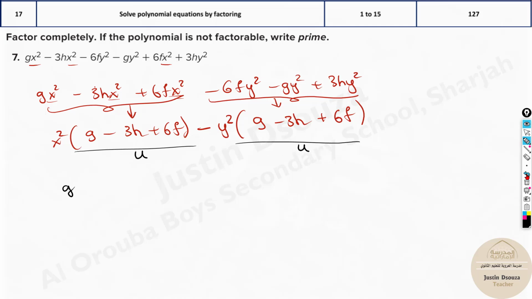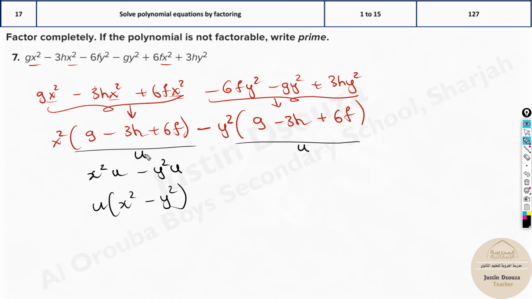Instead of this big term, I'm just writing u. It will be u x squared, sorry, it's not y, it's u, only u, minus y squared u. So u and u is common because they are the two same things, right? So I will take u common outside. So I'm getting x squared minus y squared. I hope this is okay.